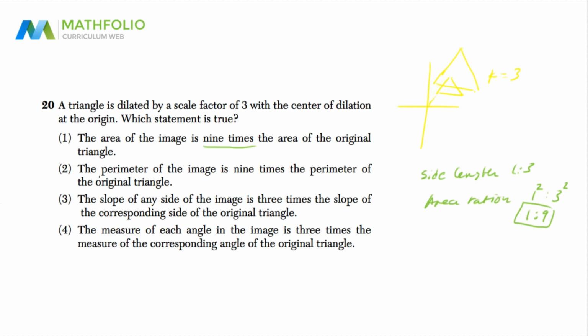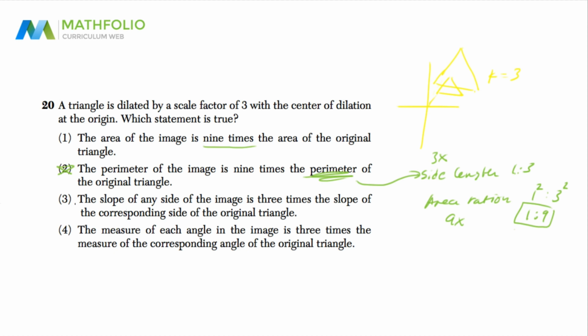Number 2, the perimeter of the image is 9 times the perimeter of the original. Well, perimeter is a type of side length, so the side length is just 3 times, whereas the area is 9 times because of this ratio. So it's not that one. Number 3, the slope of any side of the image is 3 times the slope of the corresponding side. Well, that's not true.